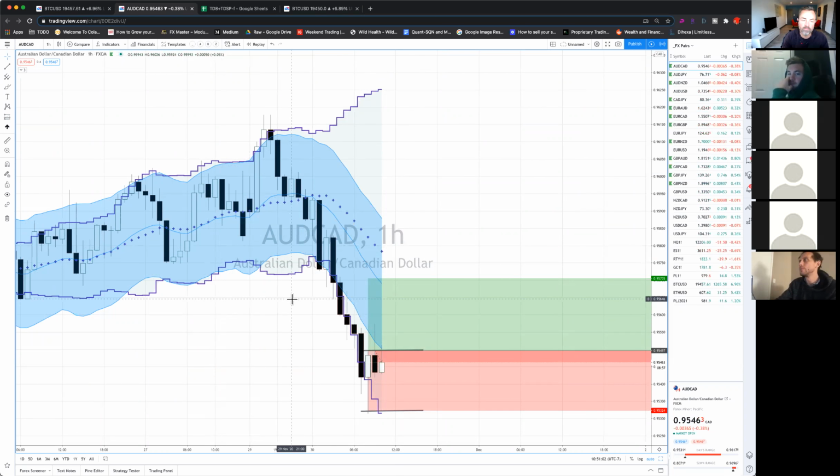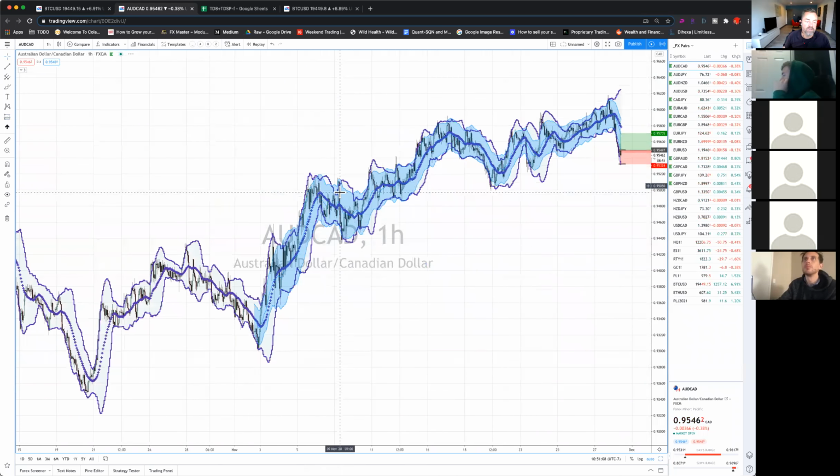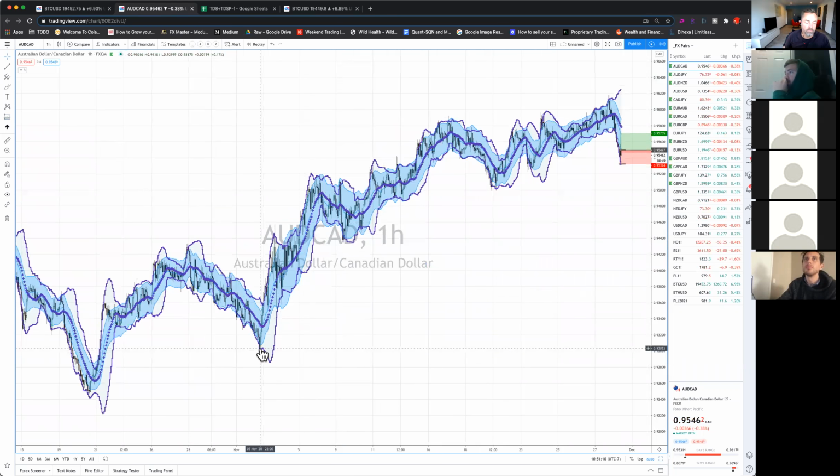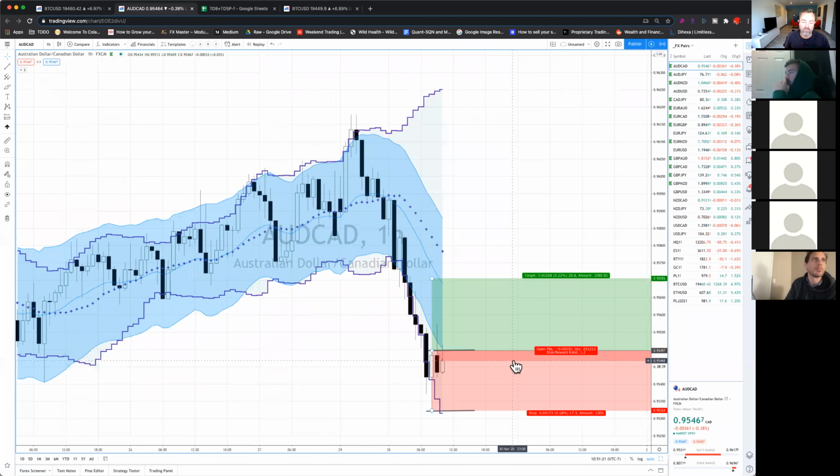So mean reverting trades, those aren't the trades that rip to new all-time highs when you buy them. Rarely when you buy down here do you get to hold on to the whole thing. Mean reversion trading is, in essence, breakouts that fail over and over again.